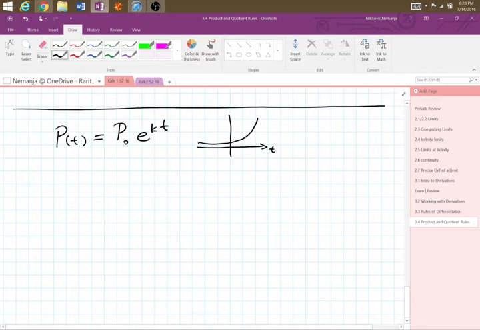But here you see that if we are talking about the population of Earth, for instance, or anything else, as time goes on, the population goes to infinity. And we know that can't be, because the planet has a finite surface area and finite resources in terms of energy and food and so on. So this model is not good in the long run. It's okay for short and close calculations.